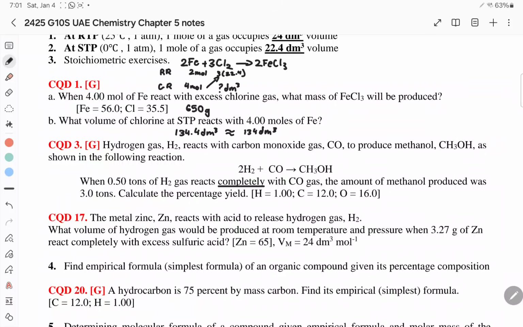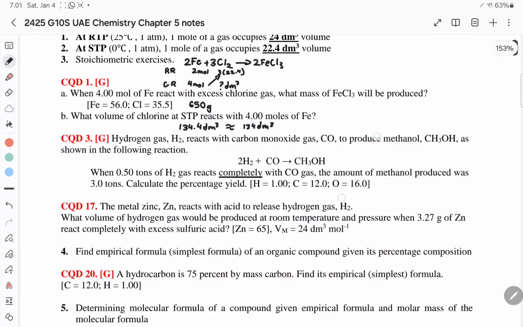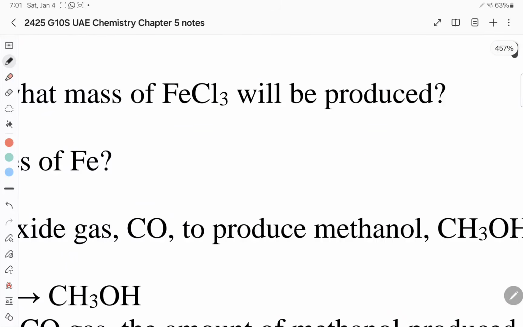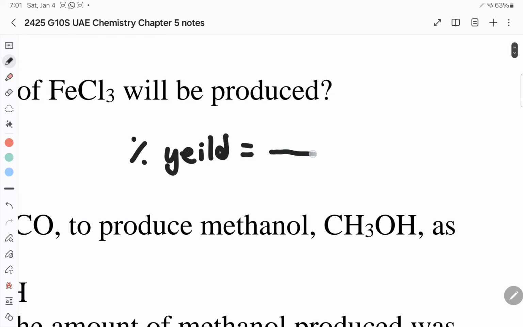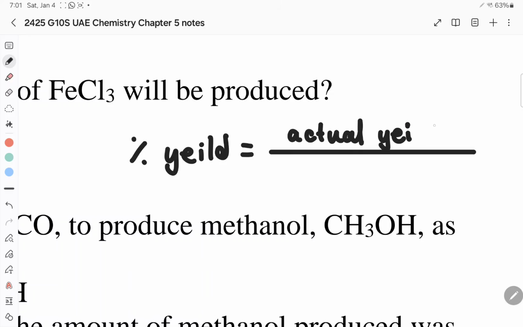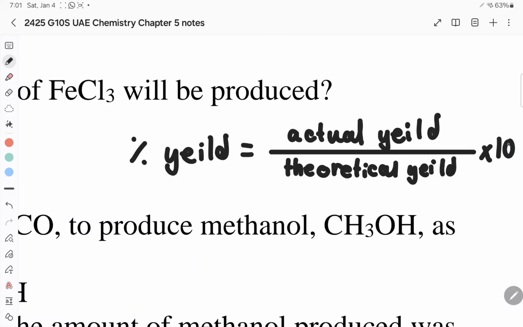Calculate the percentage yield. For percentage yield, we need to memorize an equation. I'm going to write it over here: percentage yield equals actual yield over theoretical yield, times 100.